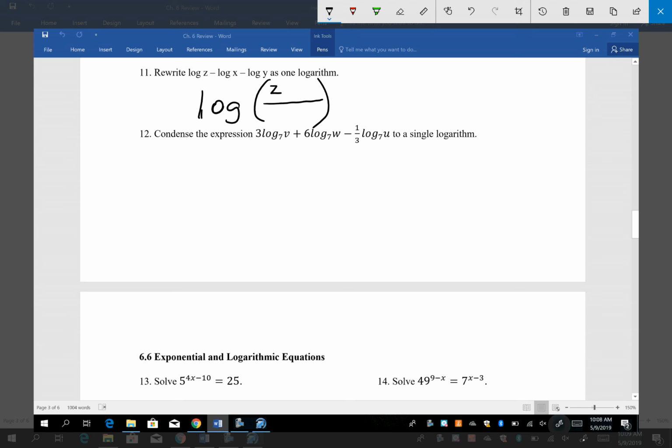When I see subtraction, I think division. So x goes in the bottom because it says minus log of x. And then what about the log y? That's also subtraction, so that also goes in the bottom. So the answer, if I made it look a little nicer, is the log of z over xy.